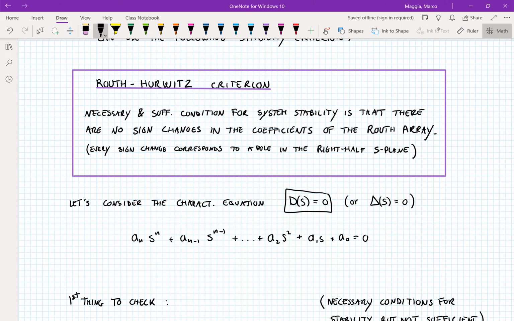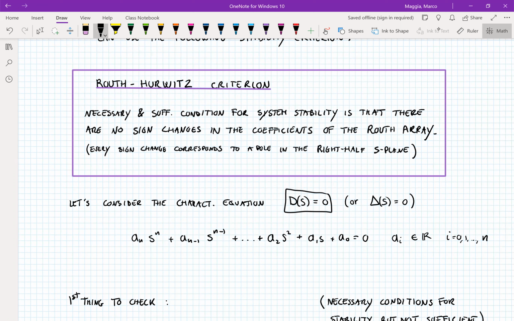So all these a's, which I called a_i, are real coefficients, and i goes from 0 all the way to n, where n is the degree of the polynomial.